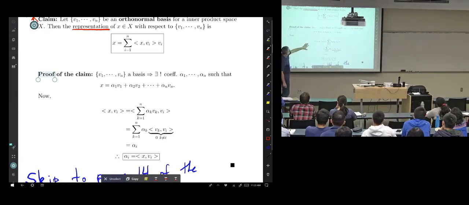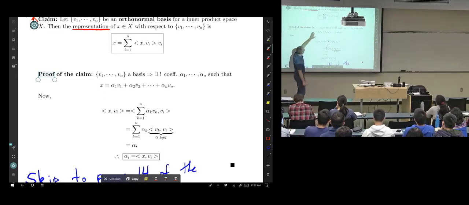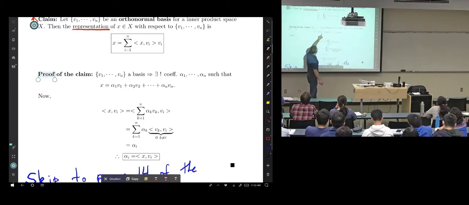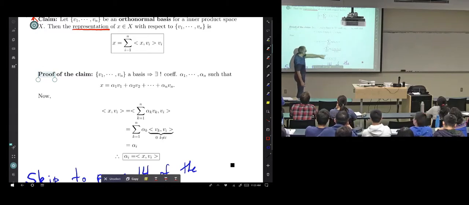Okay, so go through this one and convince yourself that this representation is true. So it's just writing down the definition and then realizing that you do not have to solve simultaneous equations. Okay.